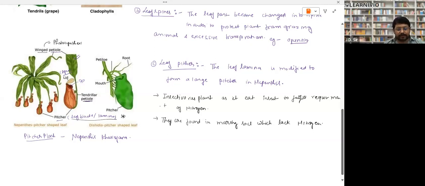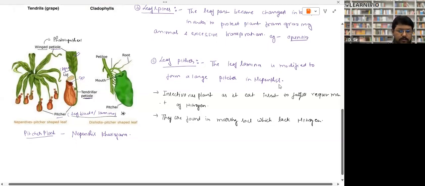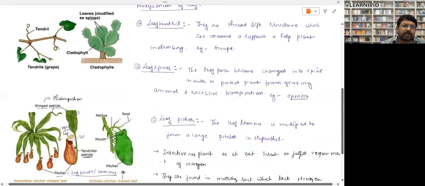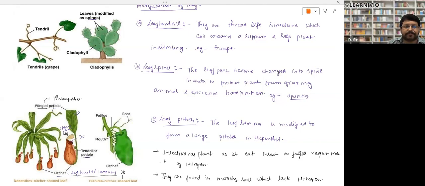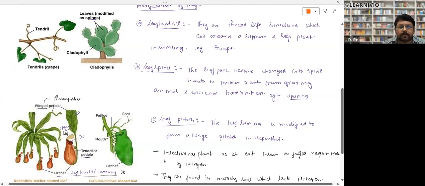Leaf blade or lamina modified into pitcher. Full stop. This was the leaf modification. Tell me if you have any doubt. Khudeja, Shidika, and Yasir, all of you, please tell me. No, sir. Clear.